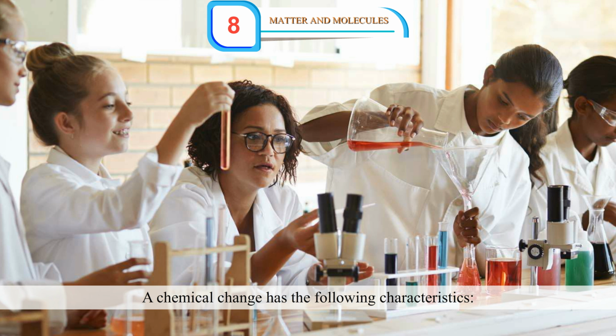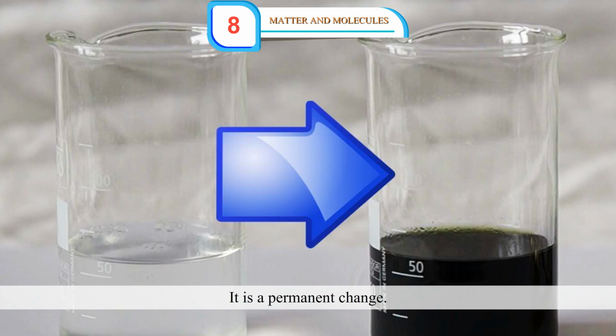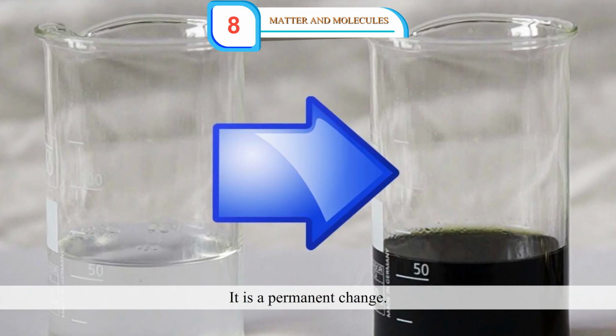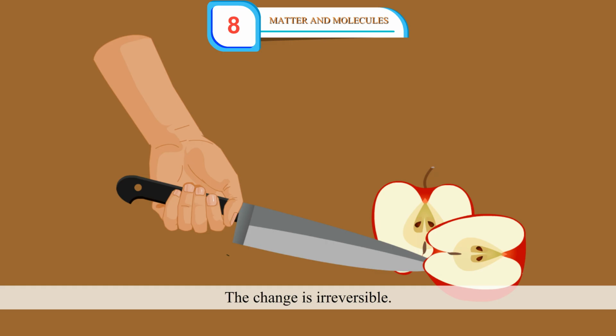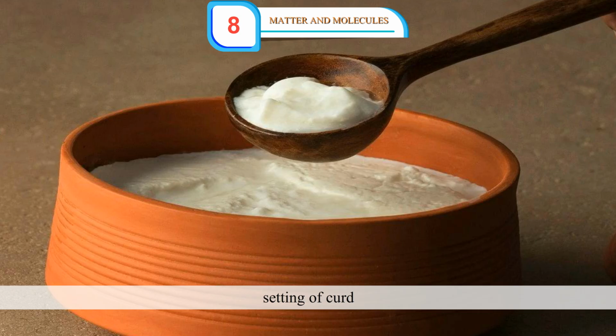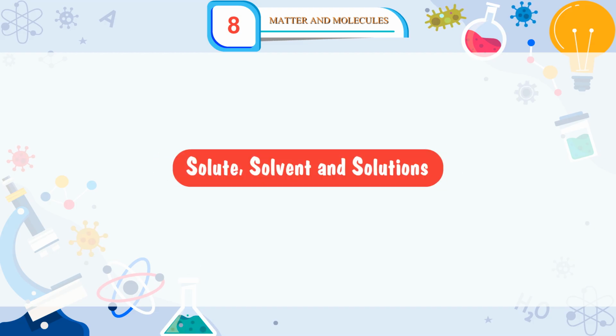Chemical change. A chemical change has the following characteristics. It is a permanent change. New molecules or substances are formed. The change is irreversible. Burning of wood, setting of curd, burning of crackers are examples of chemical changes.